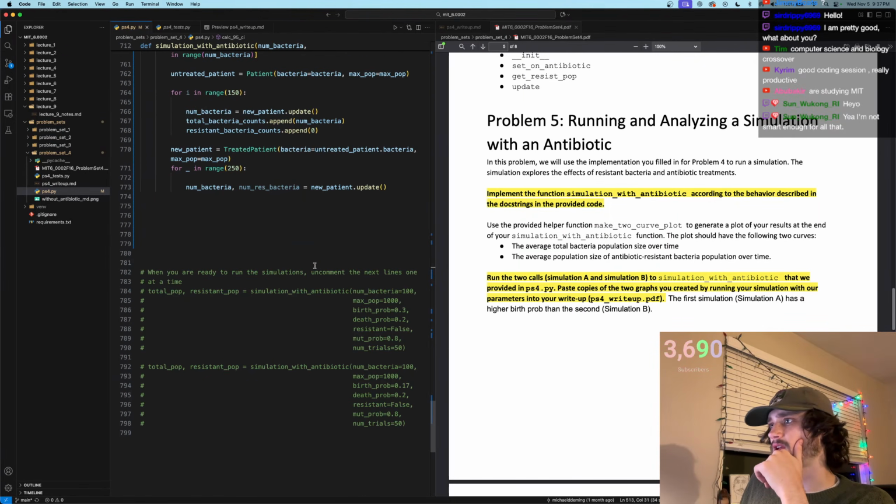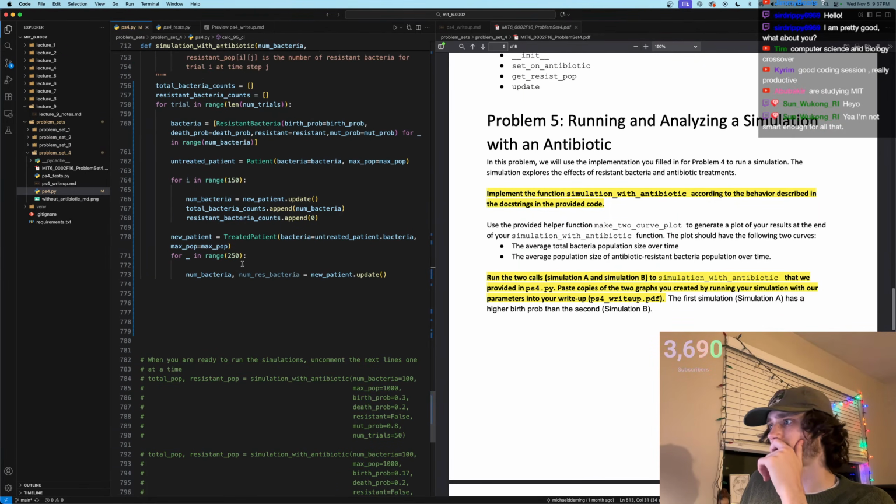Okay, so then here, this gives us the number of bacteria with the update function.